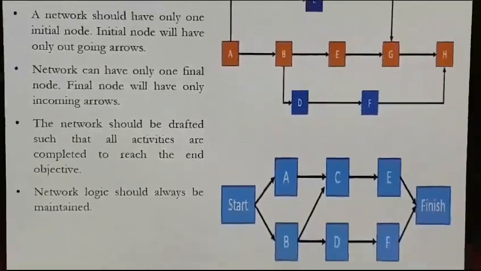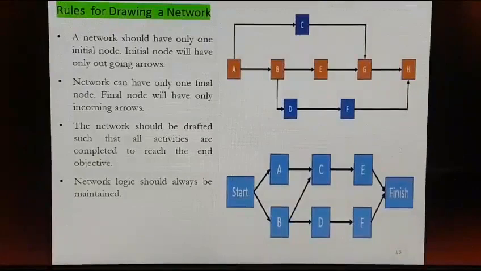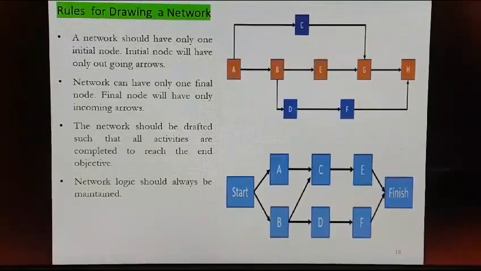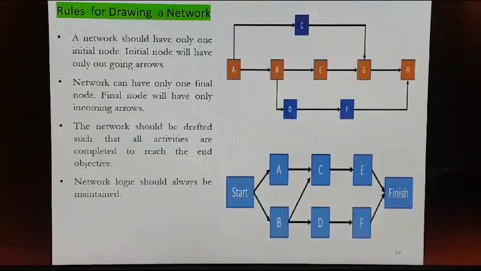Now I would like to explain the first two points based on the second network diagram. See, the first point is a network should have only one initial node. So here, forget about the start. There are two initial nodes, A and B, starting at the same time.